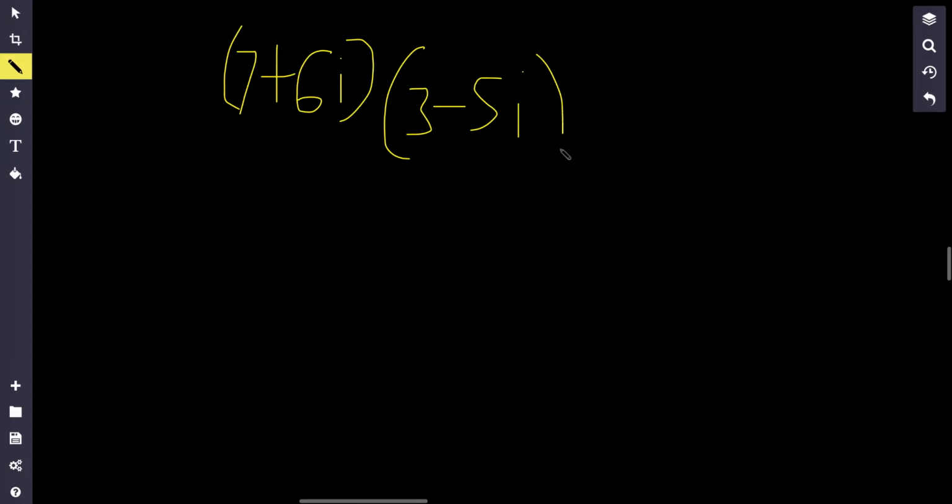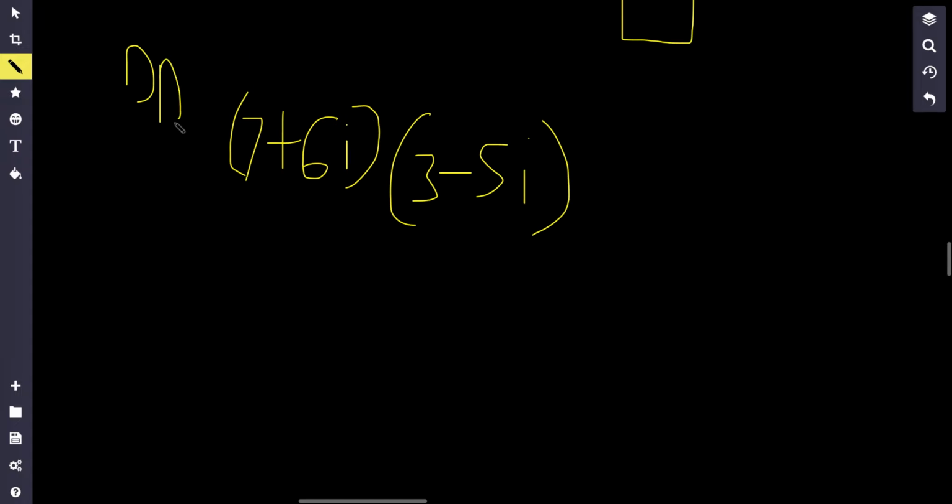Multiplying imaginary numbers is relatively the same. If you have 7 plus 6i times 3 minus 5i, we do, remember, DDP, double distributive property. Distribute the 7 to both terms, and then you distribute the 6i to both terms.